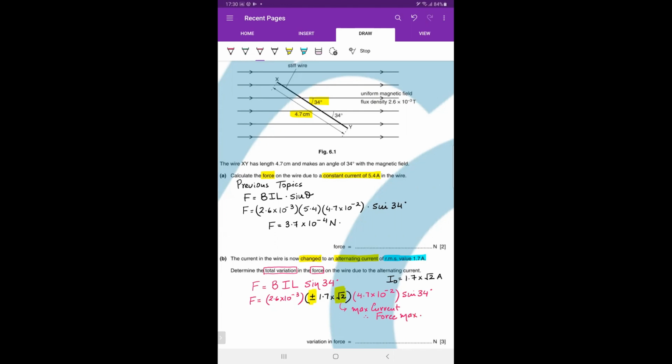ठीक है, तो I've multiplied the value by under root 2 ताकि फोर्स की मैक्सिमम वैल्यू जनरेट हो सके, because the question was asking me to obtain the total variation in the force. अच्छा, प्लस माइनस इसलिए लिखा because the nature of the current was alternating.